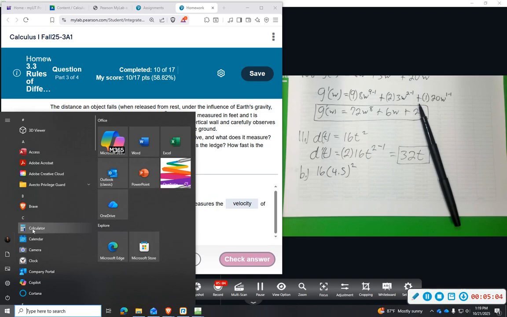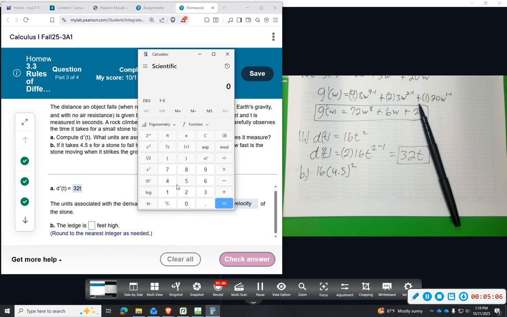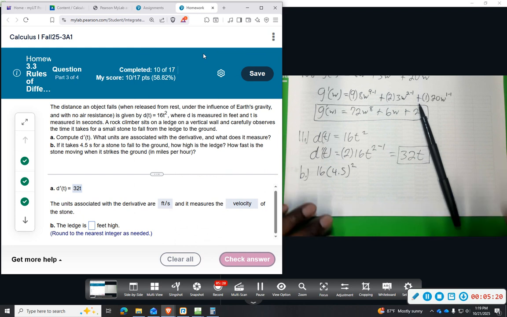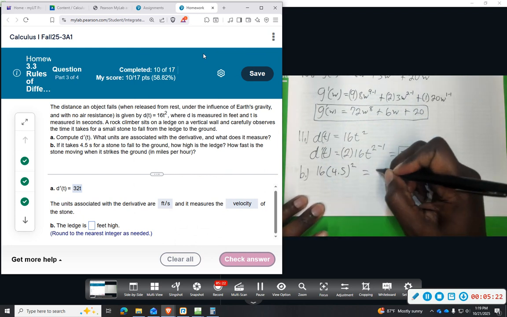Let me just pull up the basic calculator. 4.5 squared times 16. So that gives us 324 feet. So this cliff is 324 feet high.